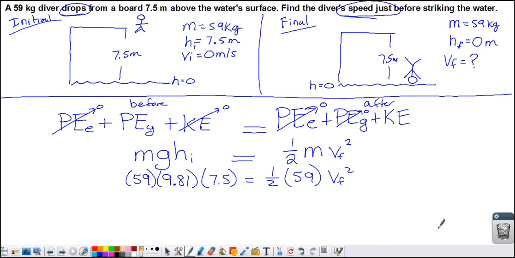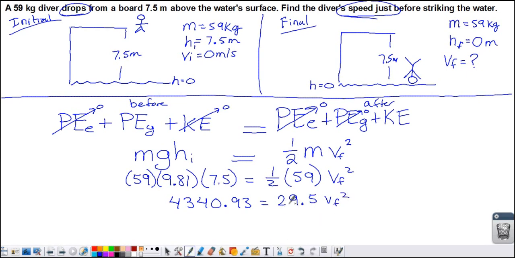Go ahead over here, multiply these three together. We're going to get 4,340.93. Half of 59 is 29.5 times the final velocity squared.